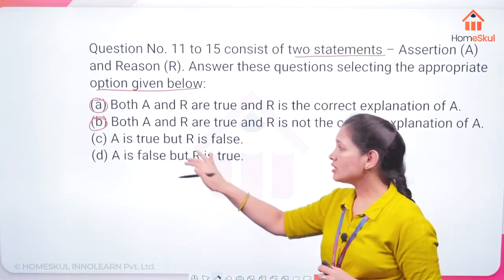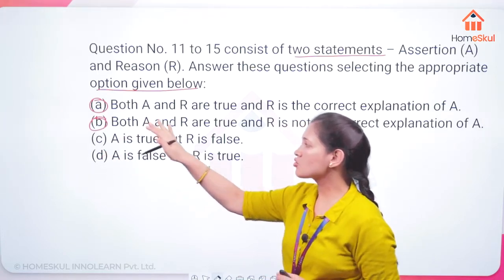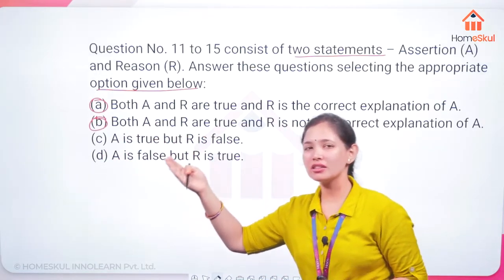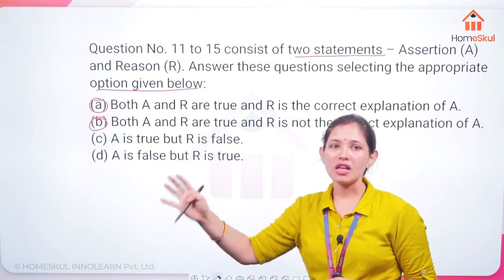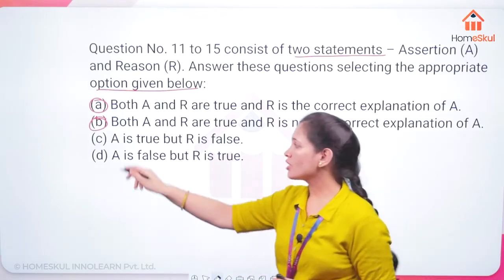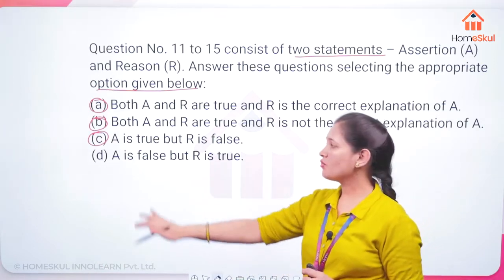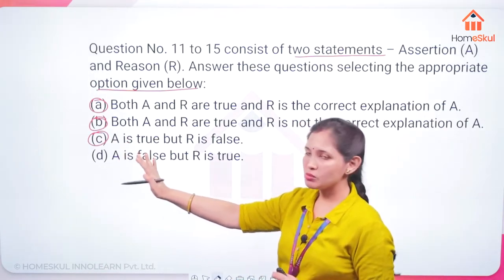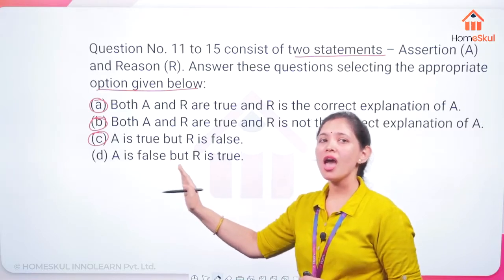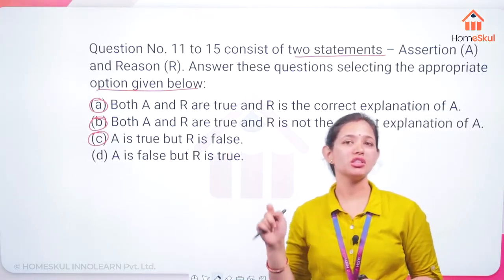Now the next one: your assertion is true but the reason given for that assertion is false. For that you go for option C. And if it is D, A is false, meaning the assertion is wrong, and the reason given is the true one.